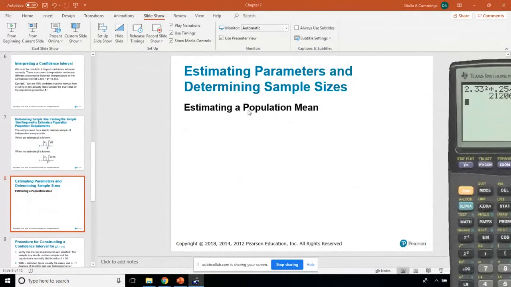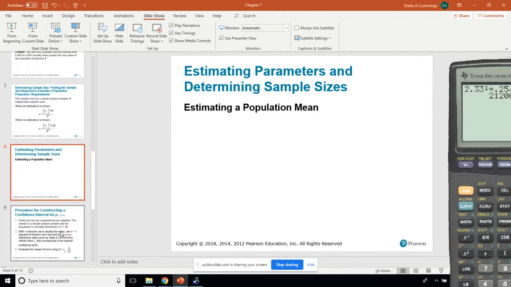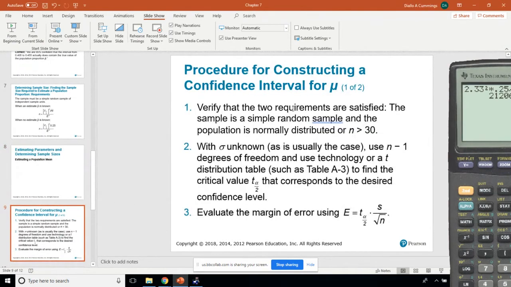And now we're basically going to do the same thing, but instead of estimating the population proportion, we're going to estimate the population mean. So before we estimate a population mean, there are a couple of requirements that have to be satisfied. The sample is a simple random sample. The population is normally distributed or n is greater than 30.